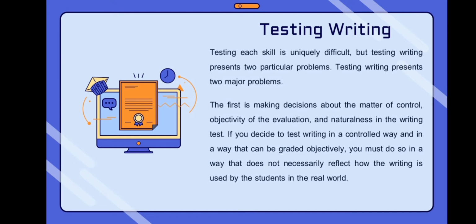If you decide to test writing in a controlled way and in a way that can be graded objectively, you must do so in a way that does not necessarily reflect how the writing is used by the students in the real world.